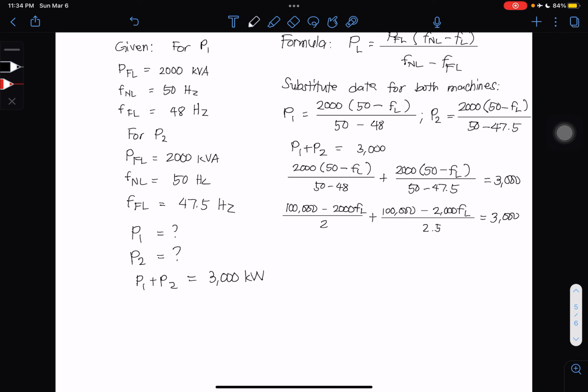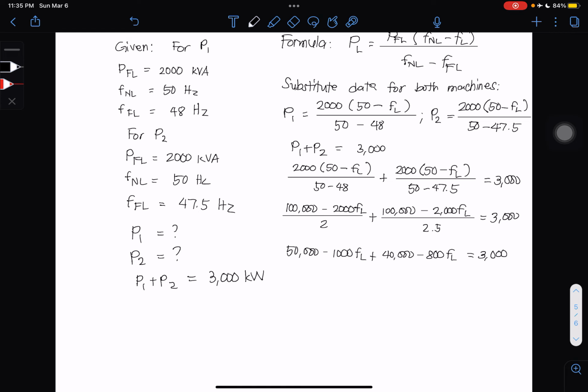So 100,000 divided by 2, we have 50,000. 2,000 divided by 2, 1,000 FL. Plus 100,000 divided by 2.5, we have 40,000 minus 2,000 divided by 2.5, we have 800 FL.